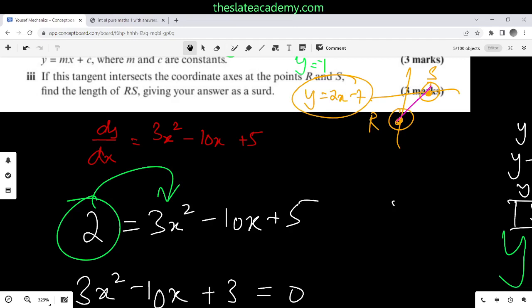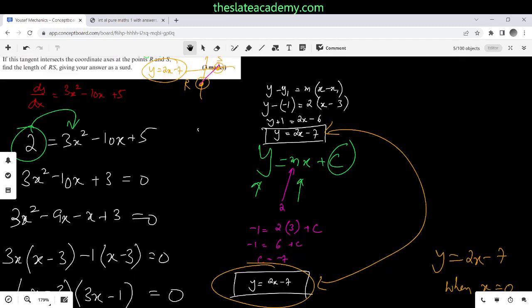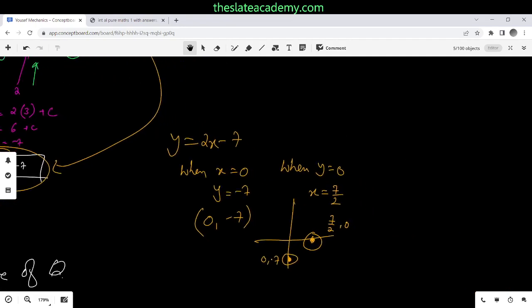So to find the length of RS, we will have to apply the distance formula. What was the distance formula? How do I find the distance between 2 points?